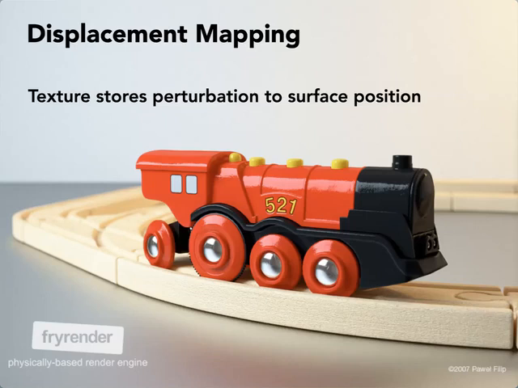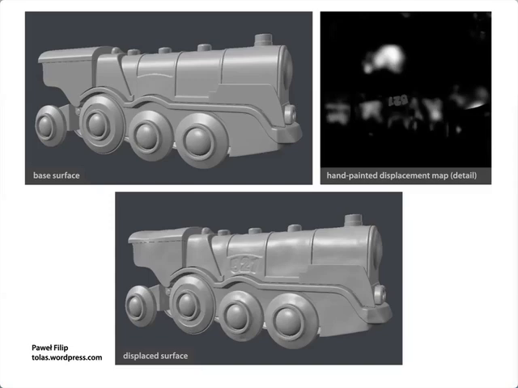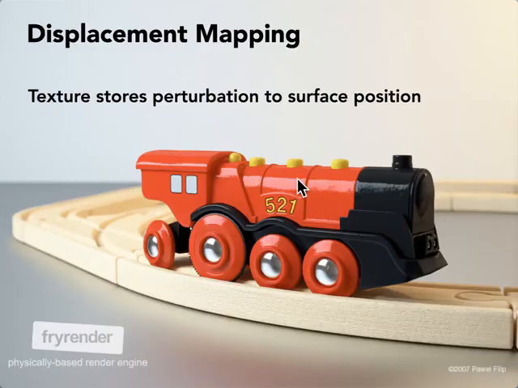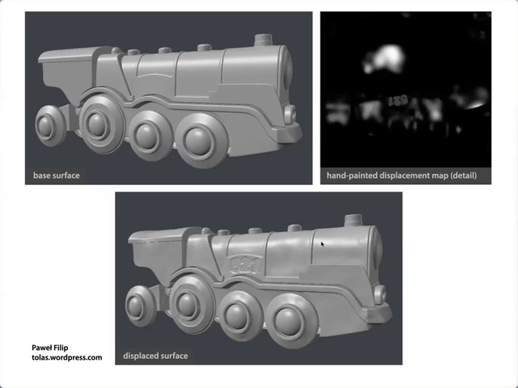Let me tell you about a really different application of texture mapping, which again, just think of it as bringing data to the detailed computations in graphics. Displacement mapping. You could store in the texture the perturbation to the surface position as opposed to the color of it. So in this scene, for example, if you look closely, there are a lot of fine details, like little bumps, in this paintwork.